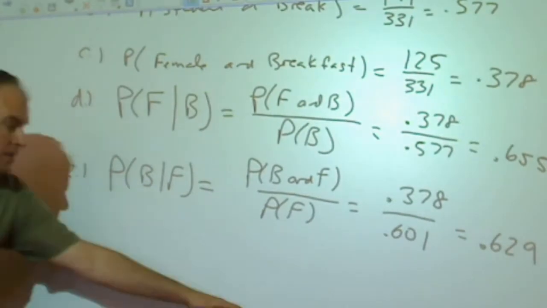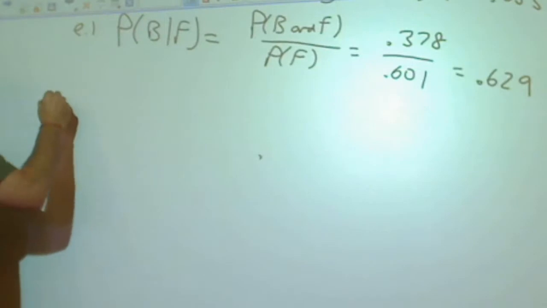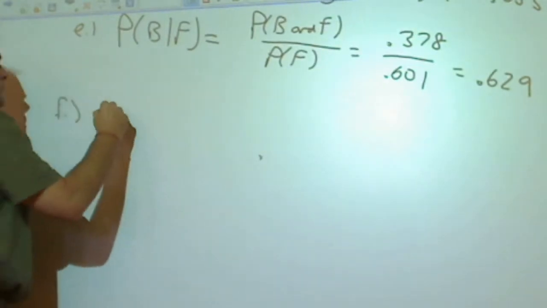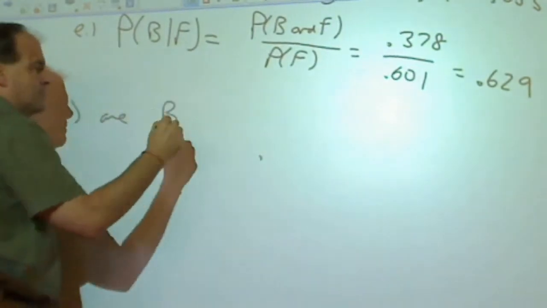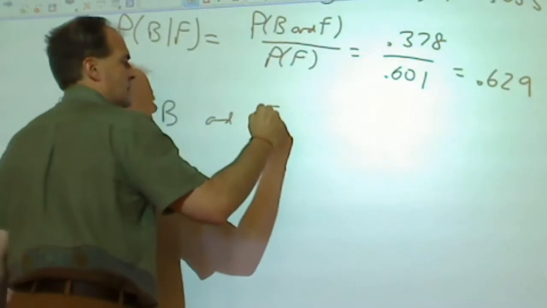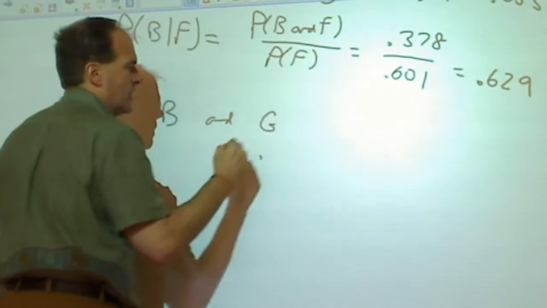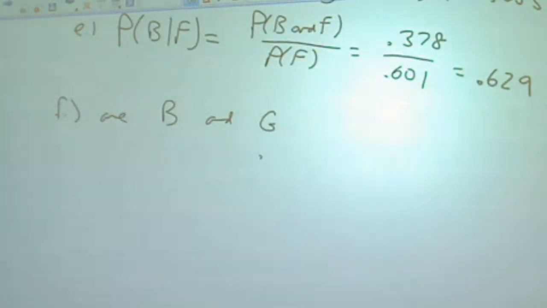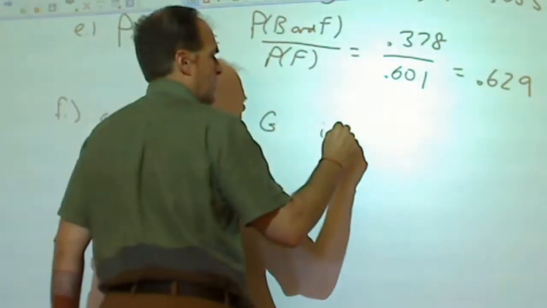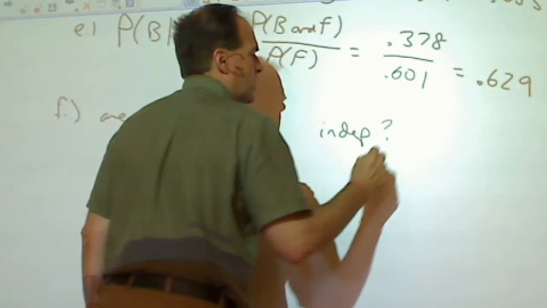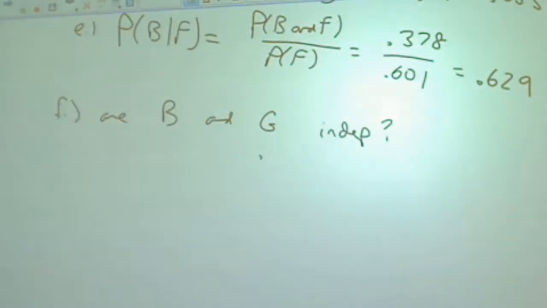Question. There's 2 random variables, breakfast and gender. Are they independent? Do you remember how to test for that? Greater than 5%? We'll have a discussion about that.